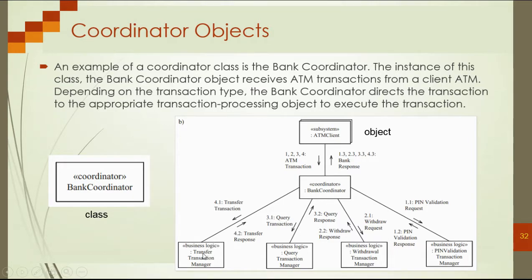These objects are controlled by the coordinator. So this is the coordinator object. In the coordinator object we are controlling other transactions or other operations in the system. And one point here: controlling this sequence, this process, this transaction, is based on the request of the user.